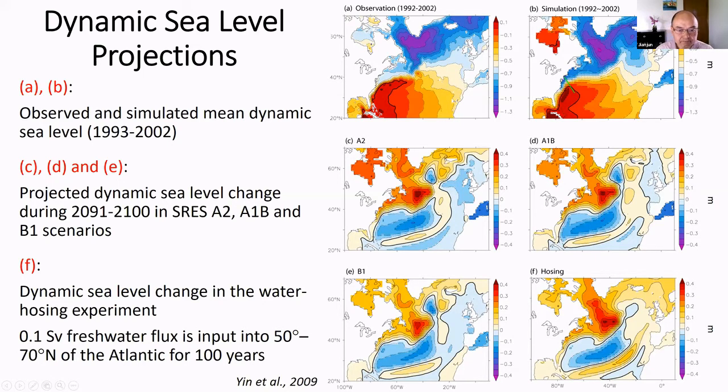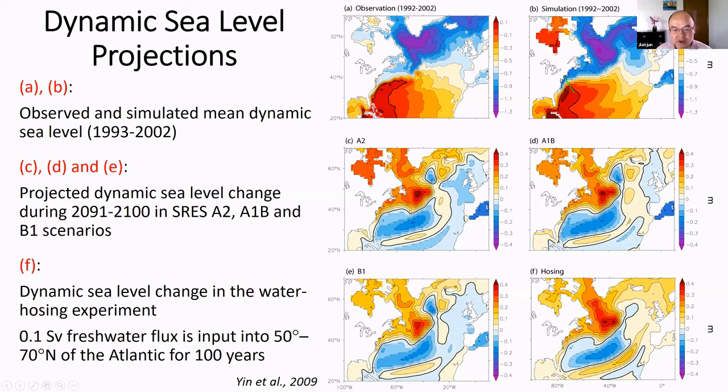So panels C, D, and E show the projected dynamic sea level change by the end of the 21st century. This is the mean anomaly during the last 10 years in 3 SRES emission scenarios: A2, A1B, and B1.